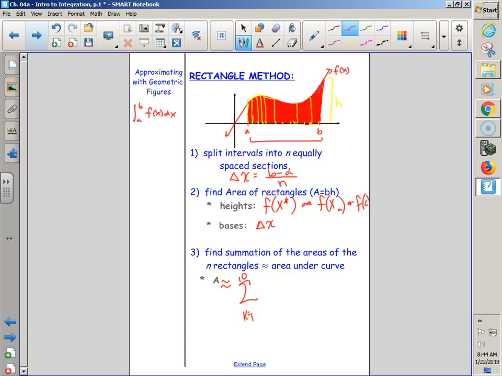For whatever my f of x is, I split b minus a over n to be my delta x. b minus a would be actual constants, so I could do b minus a all over n, where n would be 10. Those could be all of my bases.